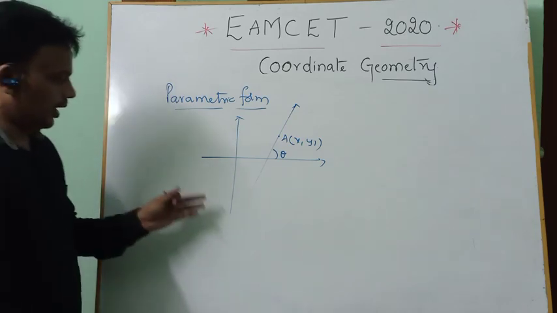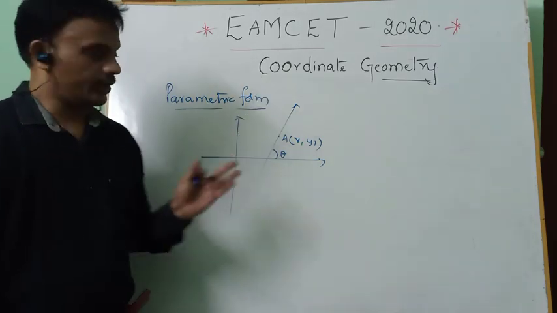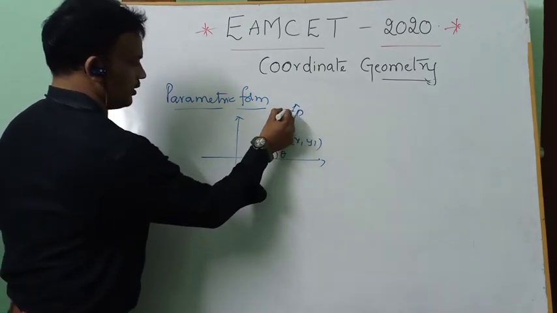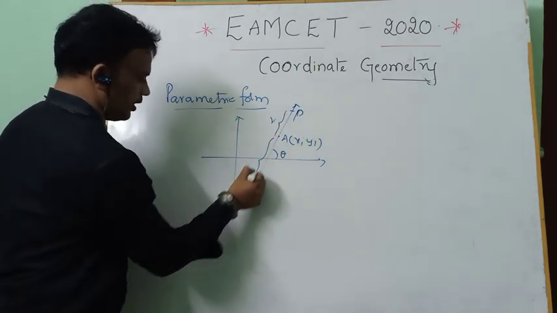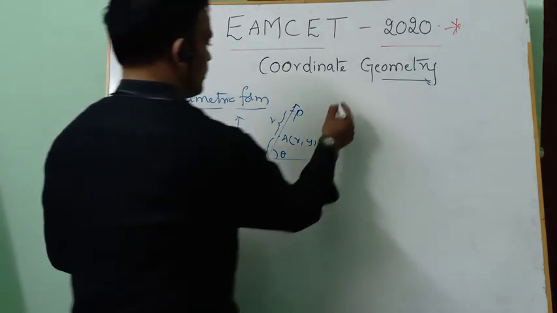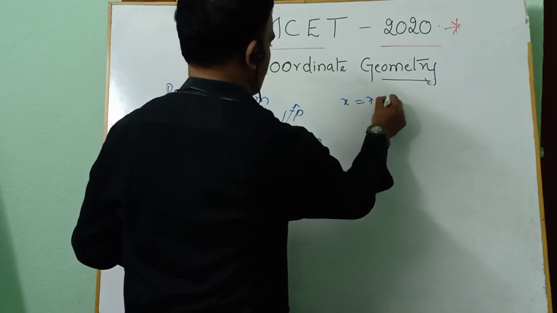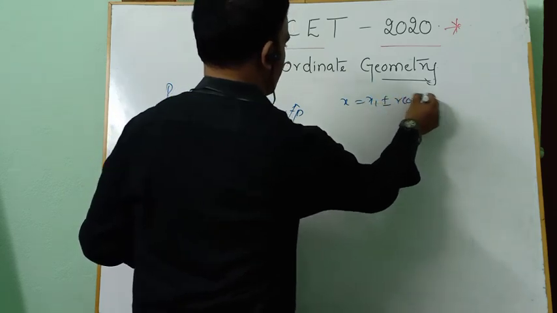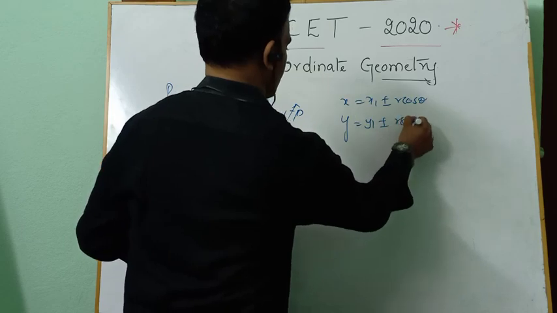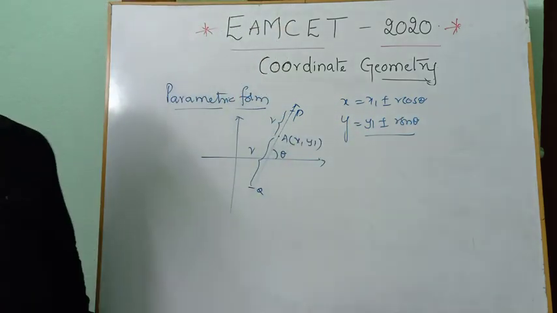Now on this line we are going to find two more points P and Q, which are at a distance of r from the given point. Then what are the parametric equations? x equals x1 plus r cos theta, y equals y1 plus r sin theta. Based on this concept, please focus on the problems.